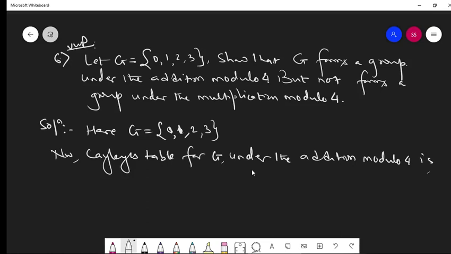After making this table, we can write from the Cayley's table that we see the product of any two elements of G under the addition modulo 4 is also in G. Hence, plus 4 satisfies the closure axiom.